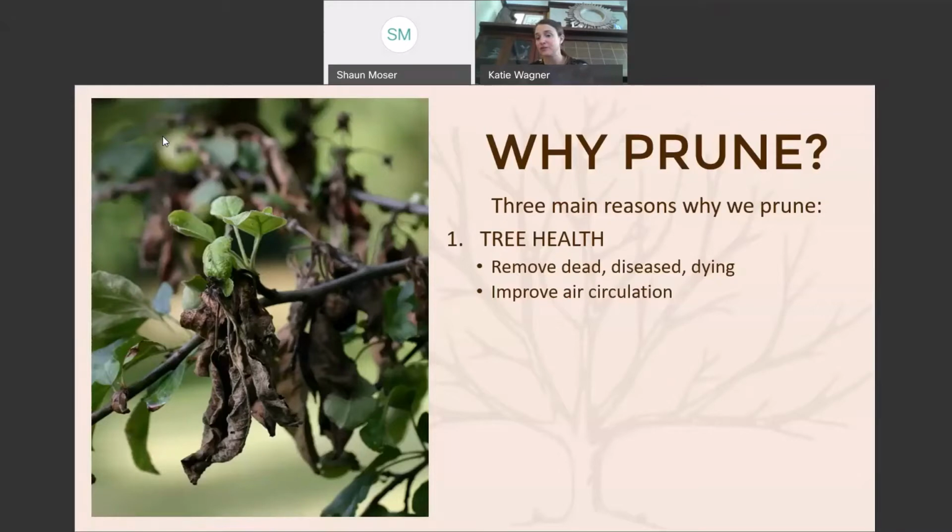The vector is insects or splashing water. And this is one that we actually have to look out for and prune out of trees. It's pretty prevalent here in Utah, especially certain years when we have just the right weather conditions. So you've got to take care of this. You've got to manage these trees. You have to constantly be looking for insect and disease pressures and taking care of those. And so I just wanted to point that out.